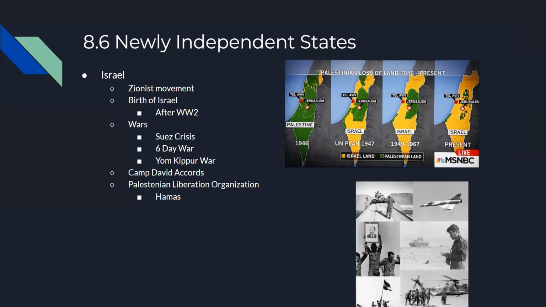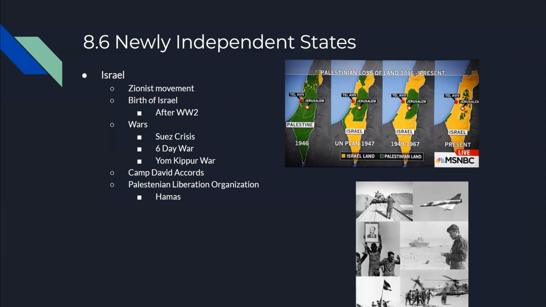8.6 Newly independent states. So with Israel, what happened was that after World War II, Zionists, who are people who wanted a separate state for Jewish people, argued that Jews could be free from persecution in a place where they have their own place to be.